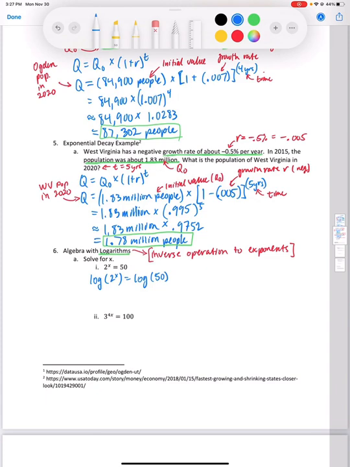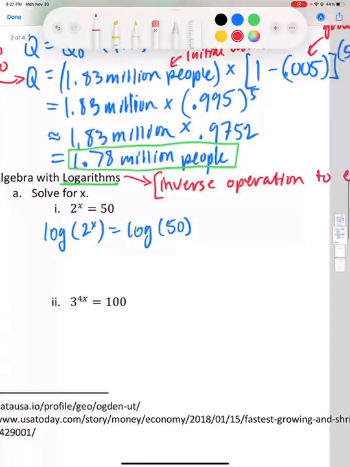One of the properties of logarithms is this: if you take a log of an exponent, then the exponent can be taken from whatever you're taking the log of and put into the front of your logarithm, and you'll get something like this: x times the log of 2, because the x was put in front.